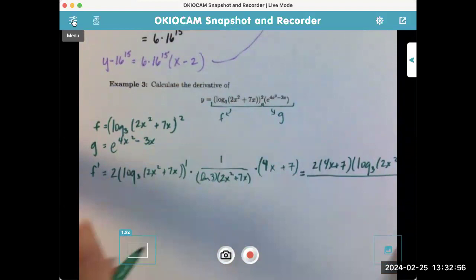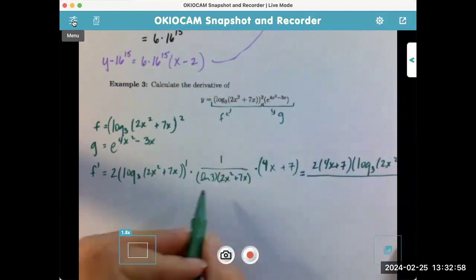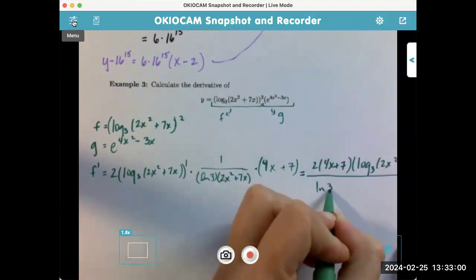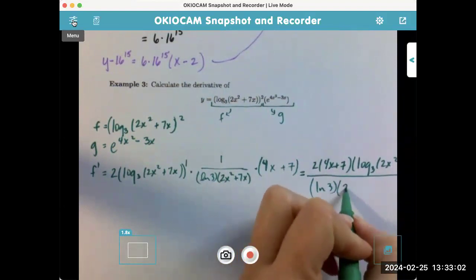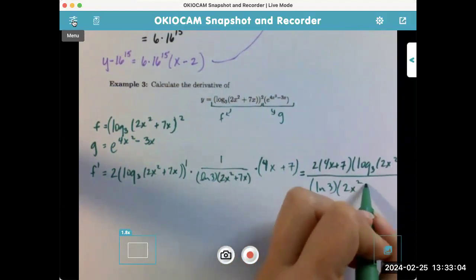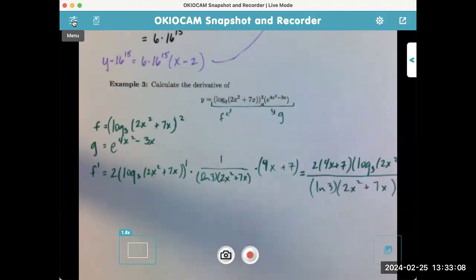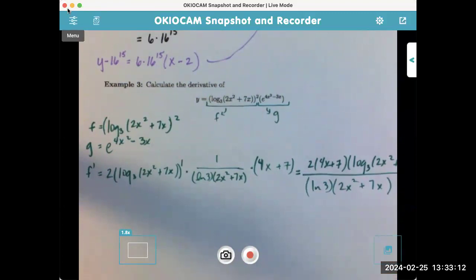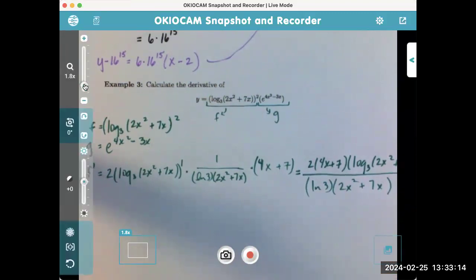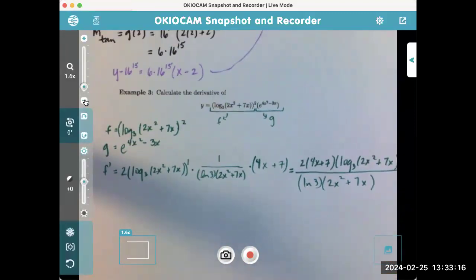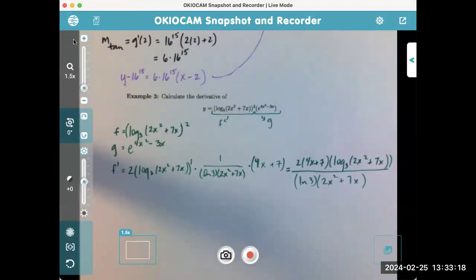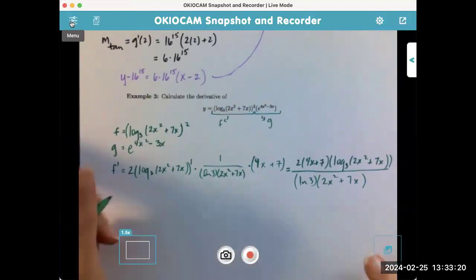And then all over the natural log of 3 times 2x squared plus 7x. Ooh, wow. That's a doozy. Let me zoom out for you. Sorry. There we go. A doozy of a derivative. Well, that's why we've got crazy ones in here. So when you hit the homework, they're not as crazy.